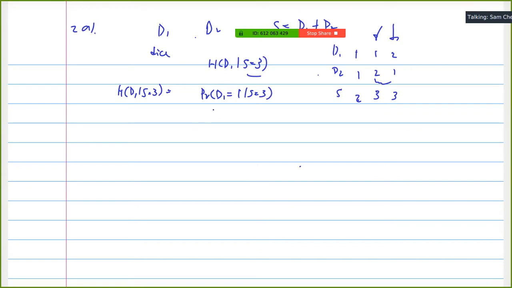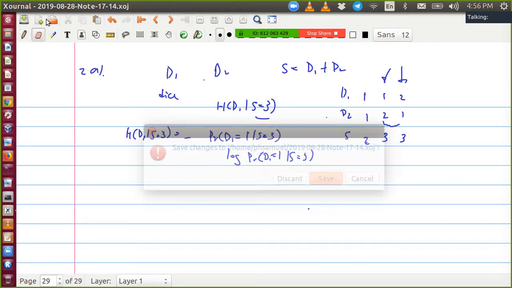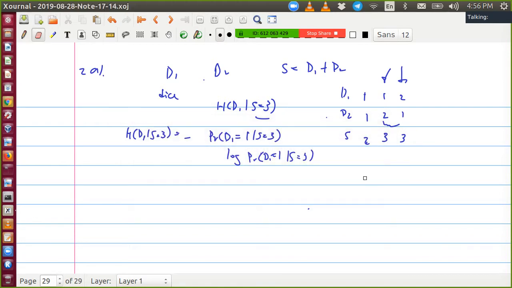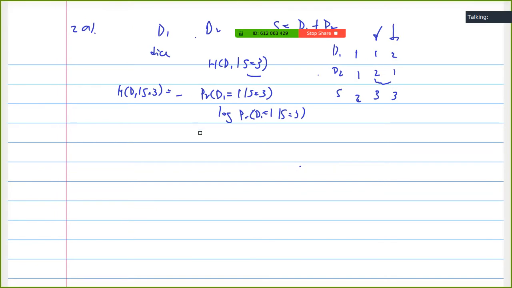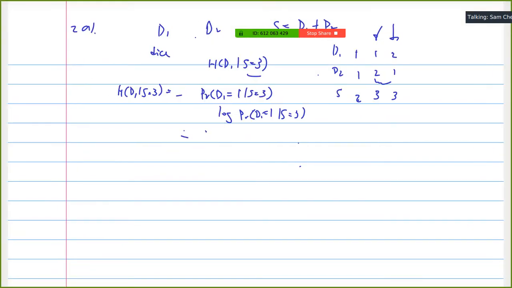So it'll be something like this, right? Minus log P(D1=1, S=3). I don't even need the summation here. Minus probability D1 equal to 2, S equal to 3, log probability D1 equal to 2, S equal to 3. Right? Only two cases here, right? That's it.